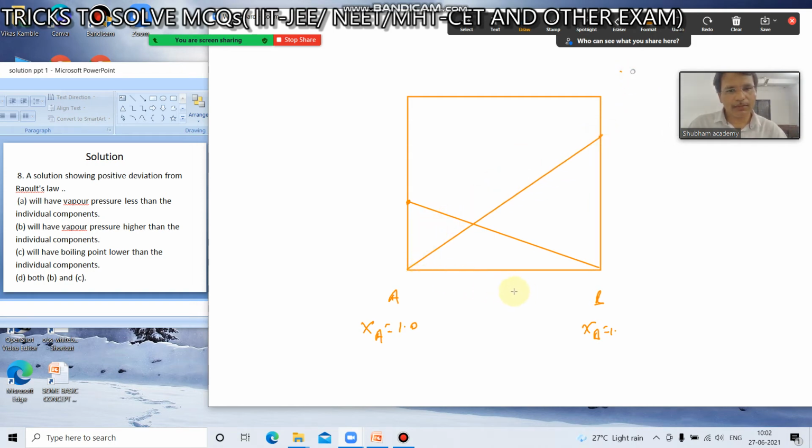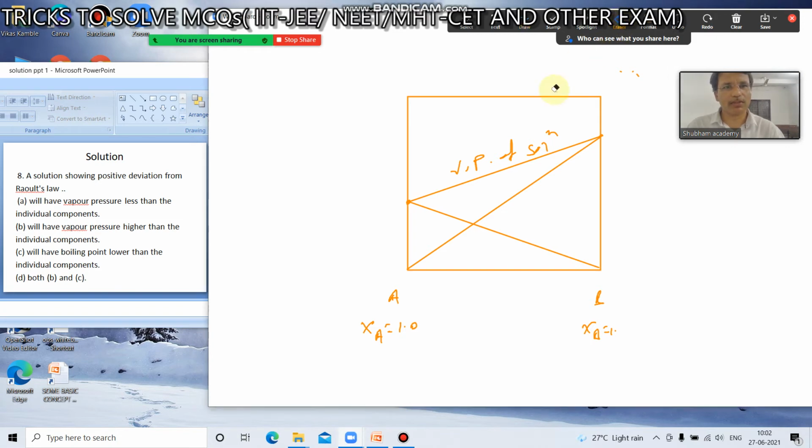Now if this mixture is there, then the vapor pressure curve of the solution is this. So in this way, for ideal solutions, the vapor pressure of the solution is the vapor pressure of A and the vapor pressure of B individually. Friends, so this is called the ideal graph for the ideal solutions.